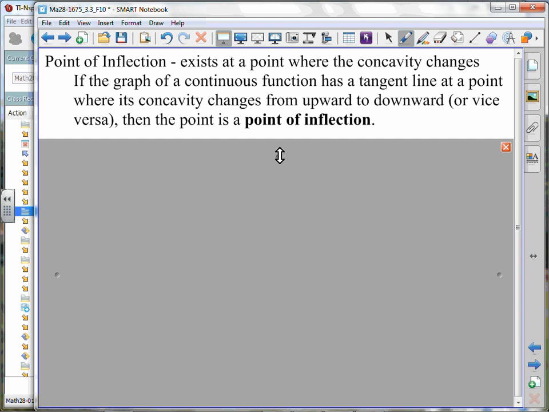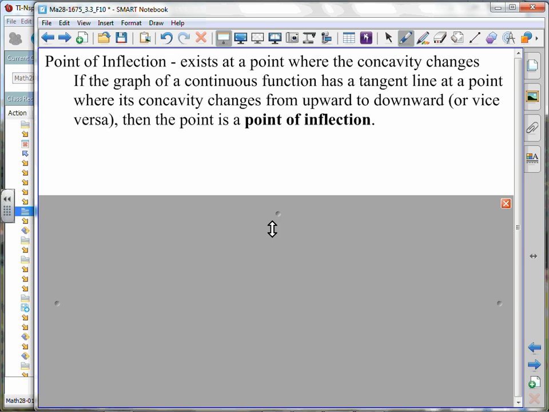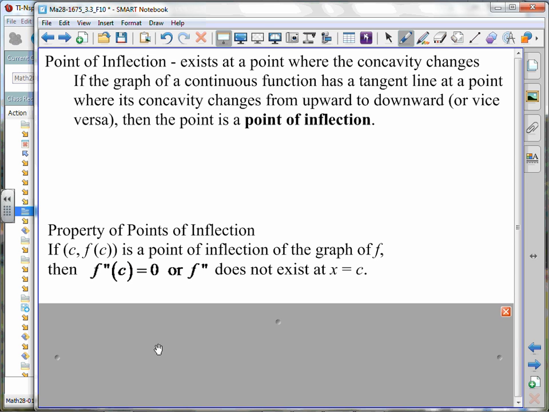If the graph of a continuous function has a tangent line at a point where its concavity changes from upward to downward, from concave up to concave down or vice versa, the point where concavity changes is known as the point of inflection. Properties of the points of inflection.